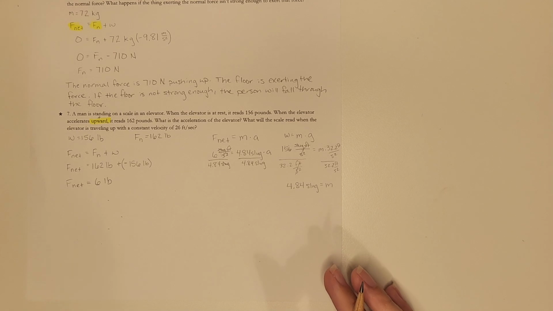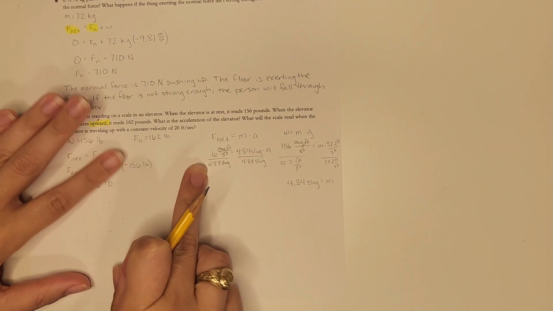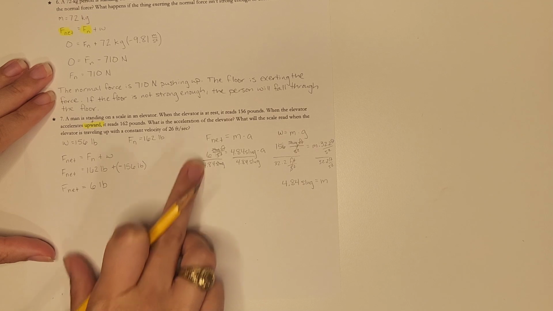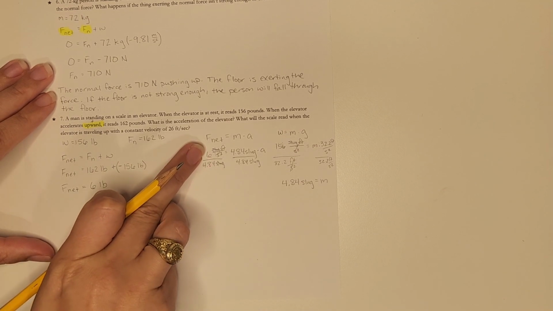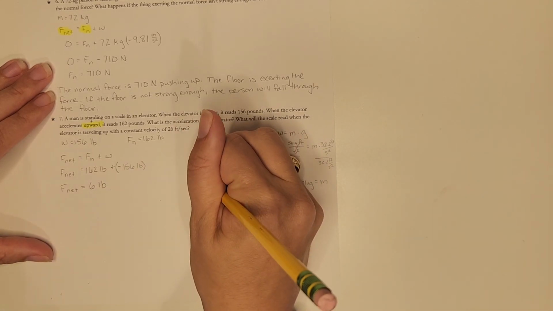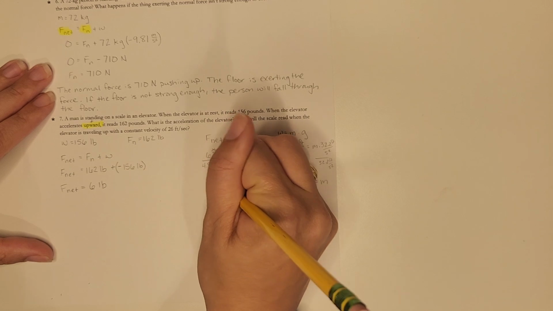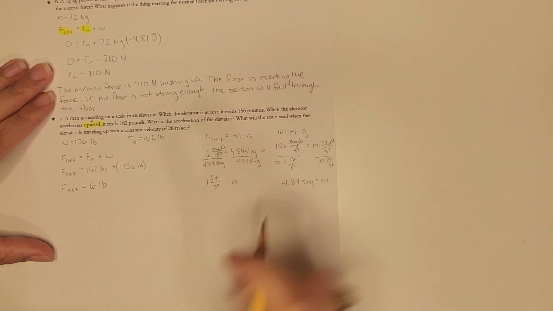this calculation. Okay, so 6 divided by 4.84, I'm going to round whatever answer I get to just one significant figure, because that's all I have with the 6, and so that's the max I can use. And so what I'm going to end up with is 1 foot per second squared equals the acceleration.